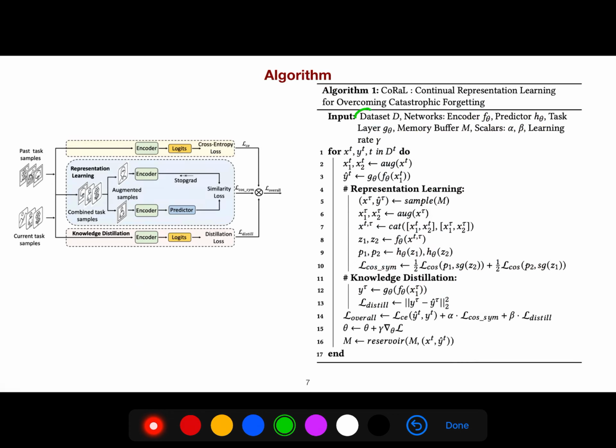We are given some data set, the network, the encoder-predictor architecture, and we also have a memory buffer. If you loop over this data set D_t, over time we get some new data, and it has only a representation learning module and knowledge distillation.